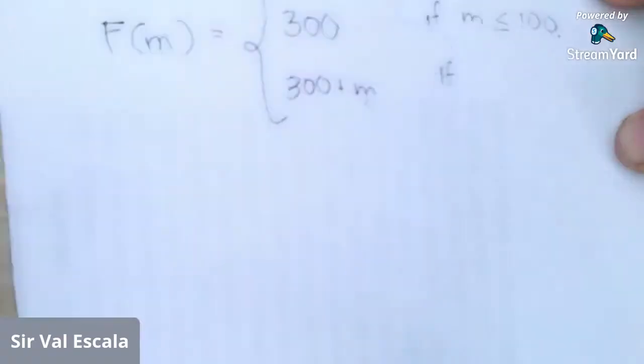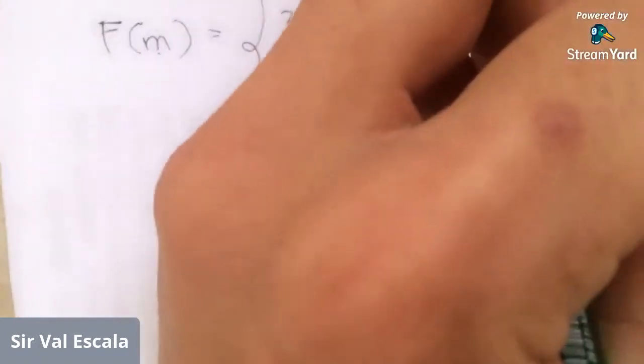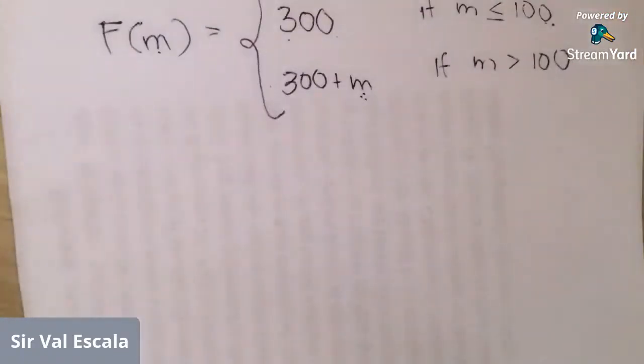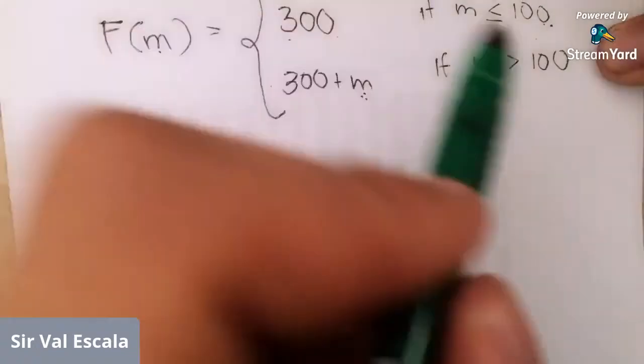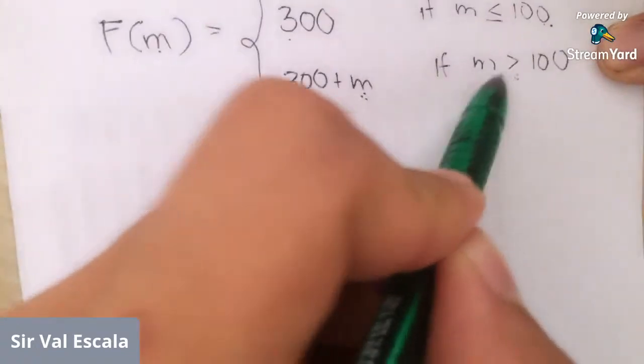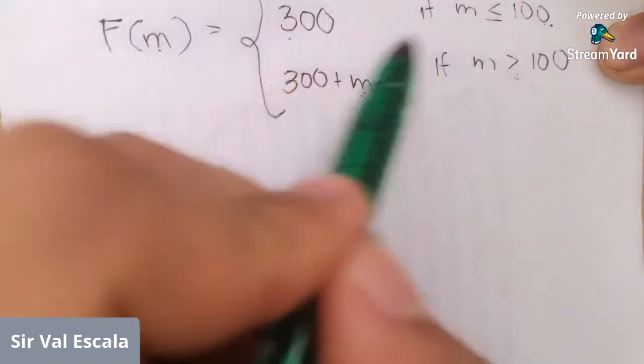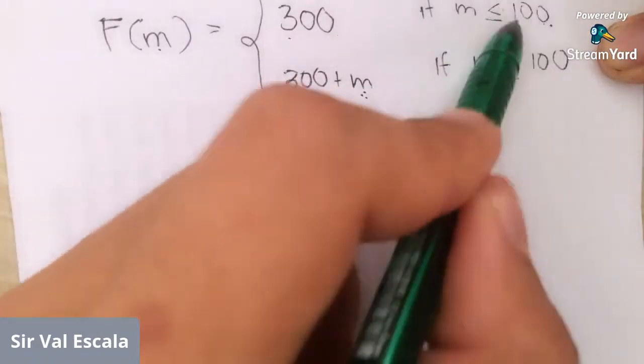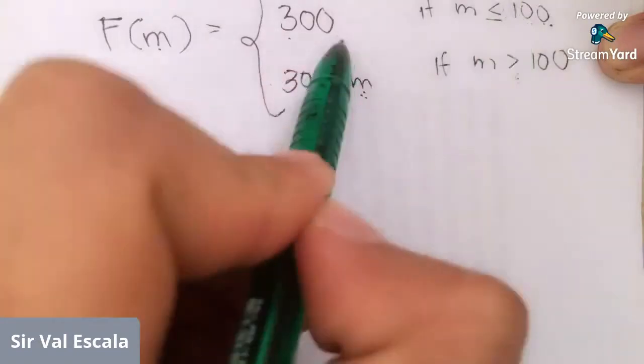So, if ang ating M natin ay greater than 100. So, gets? So, greater than 100. Hindi siya pwedeng equal dito, kasi pag naging equal, magmamali yung ating rule. Okay? Kasi yung sa mobile plan natin, 100 dito.